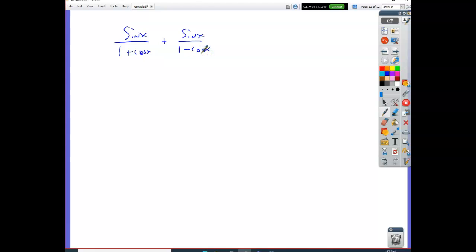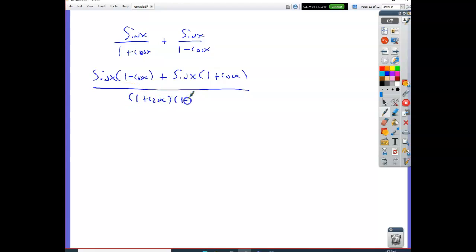It's like finding a common denominator, right? I'm going to multiply top and bottom by 1 minus cosine x. At the bottom I have to FOIL it together, because I multiply this together. So I end up with 1 plus cosine x times 1 minus cosine x.